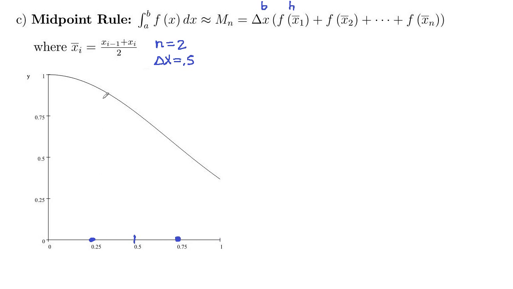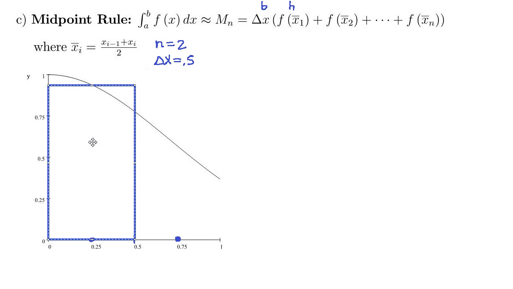So we're going to go up from that midpoint here to get the height of the rectangle. So right there is going to be the height of our first rectangle. And then here, the height of our second rectangle. So those rectangles are going to look something like this. So to get my height, I'm looking above the 0.25, so about right there.